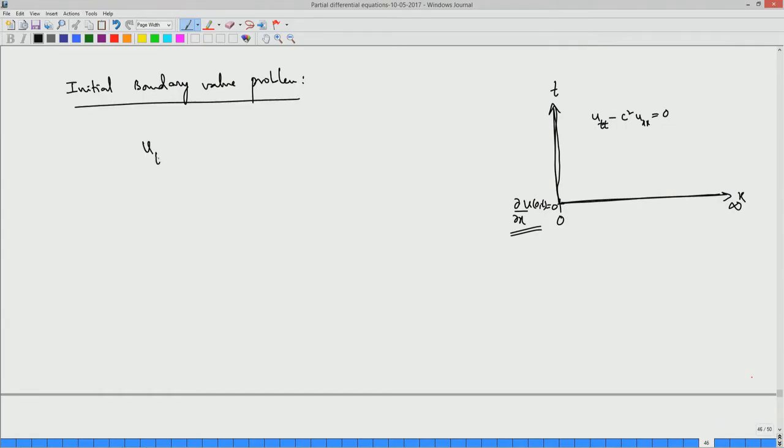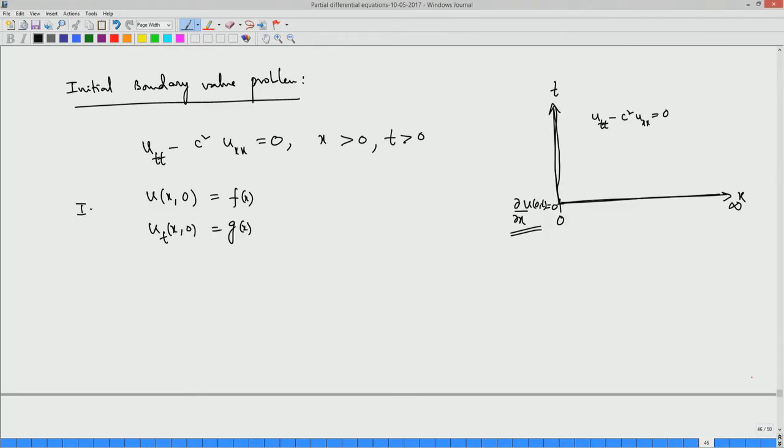So, if you write the initial boundary value problem: u t t minus c square u x x equal to 0, x is only positive, a semi infinite string, t is positive, and you have u at x 0, the initial condition, is f x, u t at x 0 is g x.